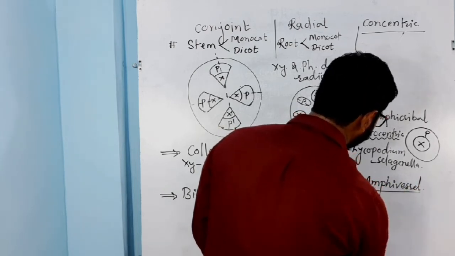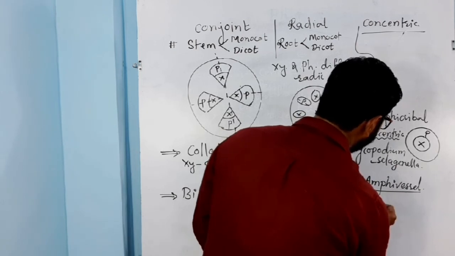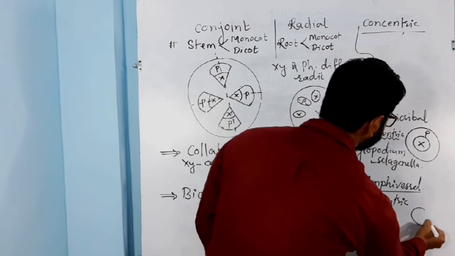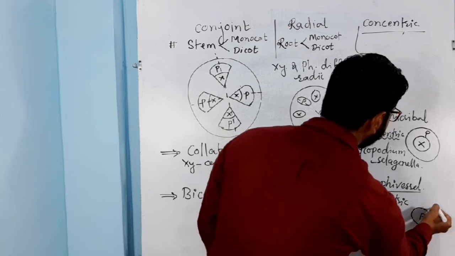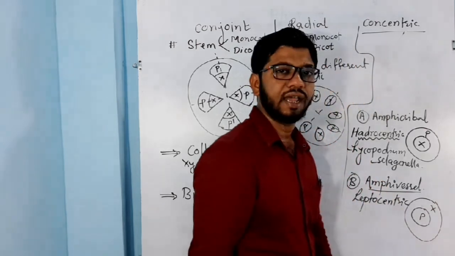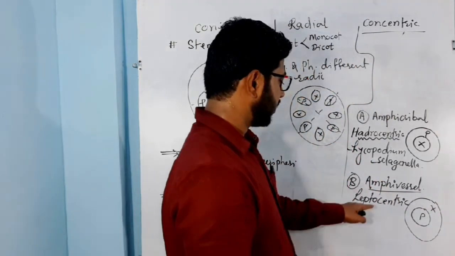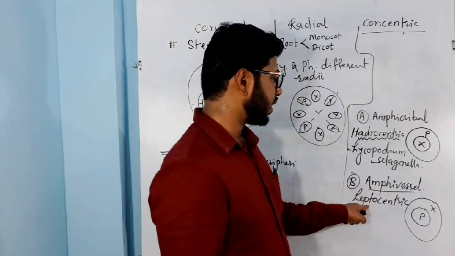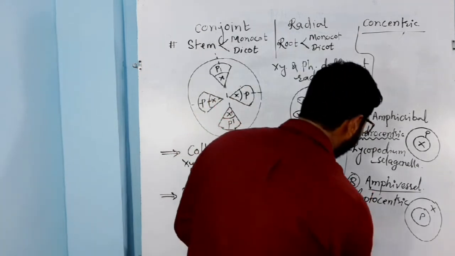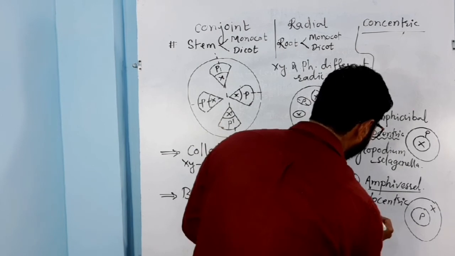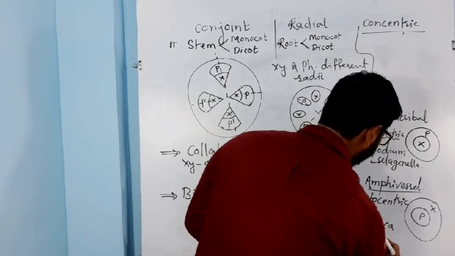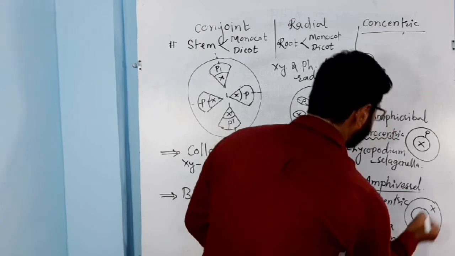Amphivessel type of vascular bundle is also known as leptocentric. Means phloem is present at the center and it is completely surrounded by the xylem. This leptocentric vascular bundle or amphivessel is commonly found in angiospermic plants. The name of the plant is Yucca, and the second example is Dracaena.